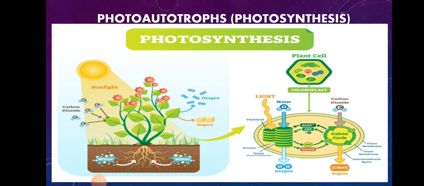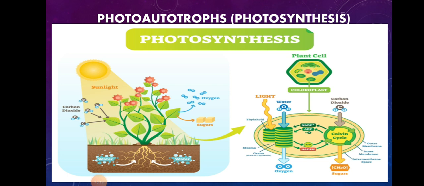Now this ATP and NADPH is transferred to the stroma. I hope you remember, stroma is this jelly-like matrix that fills all inside this organelle, that is chloroplast. This entire chloroplast is filled with this jelly-like matrix, that is stroma. Now ATP and NADPH is transferred to stroma, and in this stroma there are special enzymes and special chemicals present which initiate a process that is known as Calvin cycle.